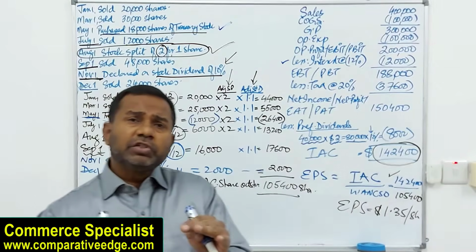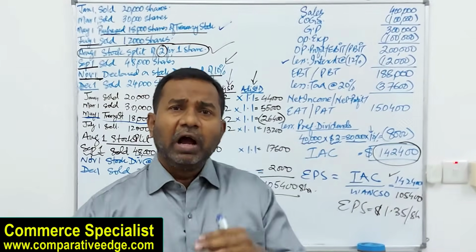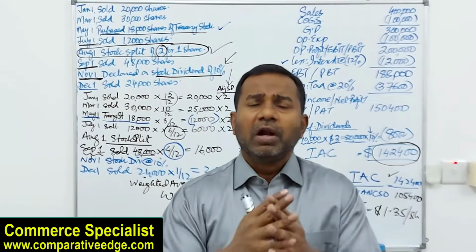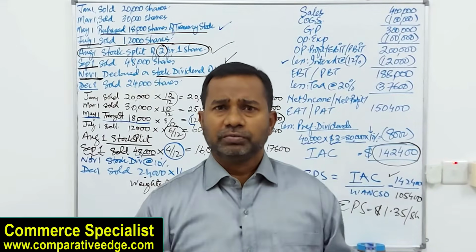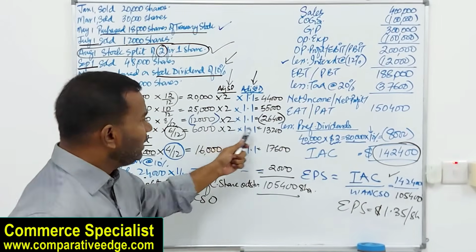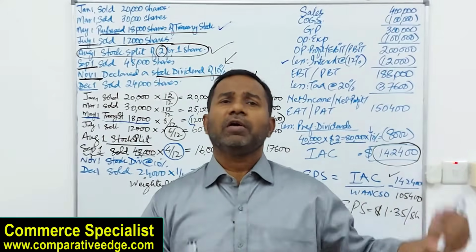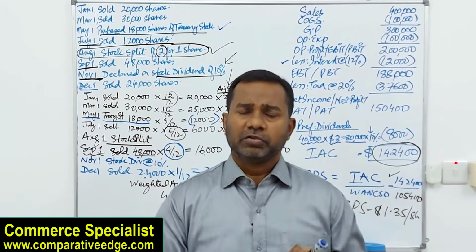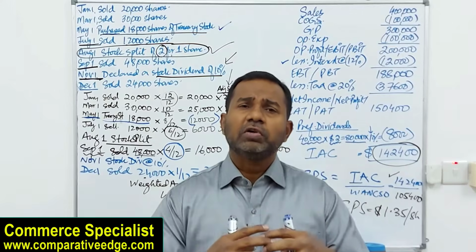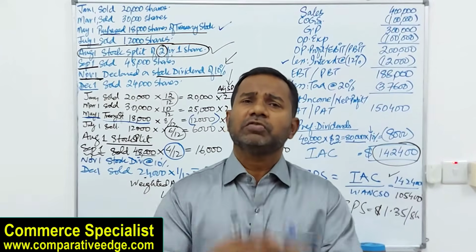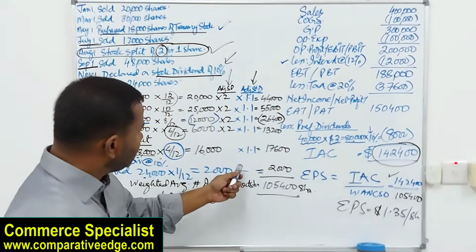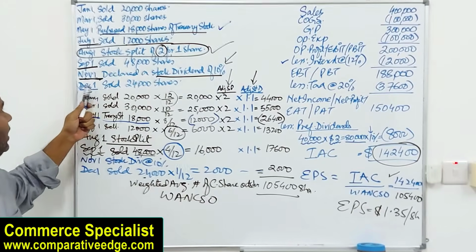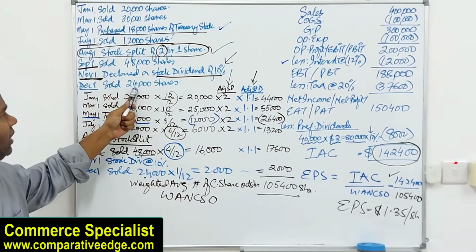But any shares issued after the stock split, after the stock dividend, will not get the treatment of 1.1 or 2. These only apply to shares issued before declaring the stock split or dividend. All shares issued after the stock dividend or after the stock split, we do not do this adjustment. Just like the one here, December 1st, sold 24,000 shares.